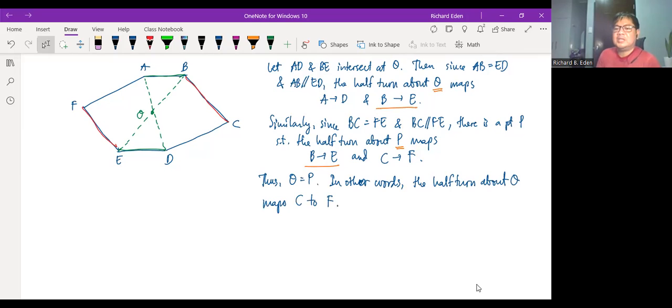The half turn about P brings C to F. But then P is the same as O. So therefore, the half turn about O brings C to F. But then, consequently, it means C, O, and F are collinear, and in fact, O is the midpoint. And that's it. Therefore, CF also passes through O, which makes O truly the point of concurrency.